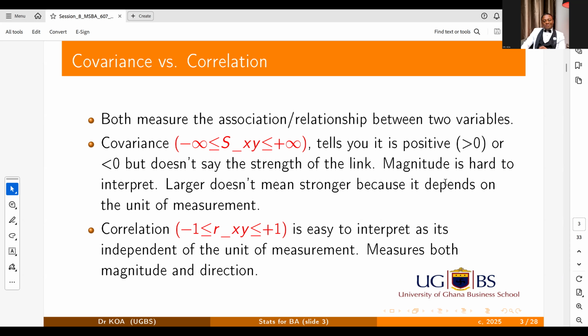Both measure relationship, both measure association. The covariance tells you that the value is positive or negative, but doesn't tell you the strength of the relationship. In other words, it's very difficult to determine magnitude, even interpret it.